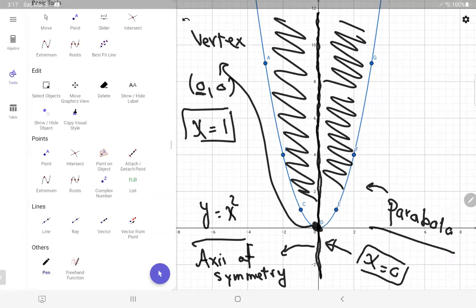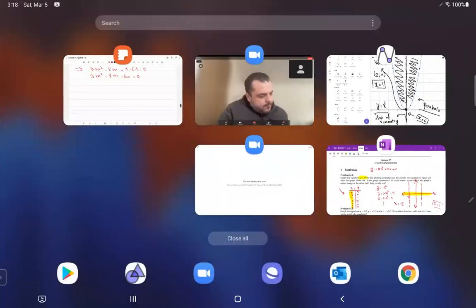So there are many ideas here. Does it make sense? Okay, great. So this is our first question. We need to know these names: parabola, axis of symmetry, and vertex. Now we will be discovering more ideas and how to get these pieces from the graph. Let's go back here.